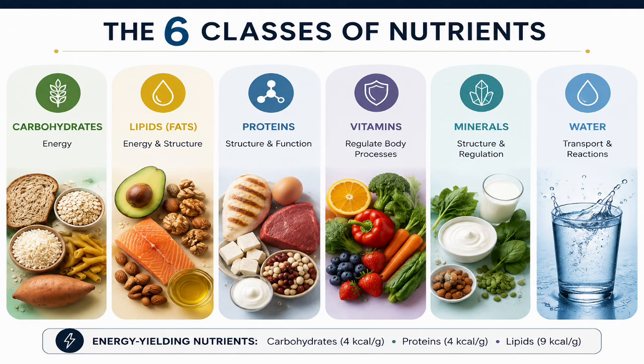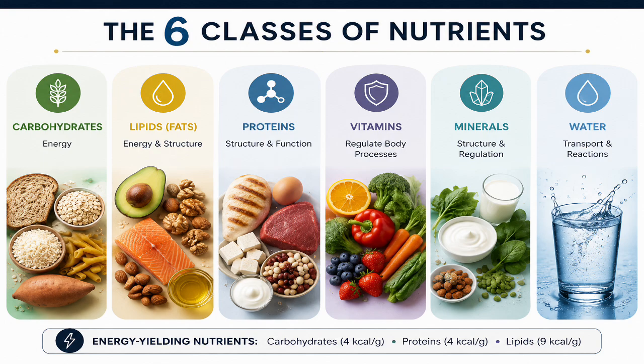Protein can provide energy too, but it also supplies amino acids that the body uses to build and maintain proteins in tissues. Now, something I want you to remember is that vitamins and minerals do not provide calories, but they participate in many processes that keep the body functioning normally. Now, water doesn't provide calories either, but we obviously can't function without it.